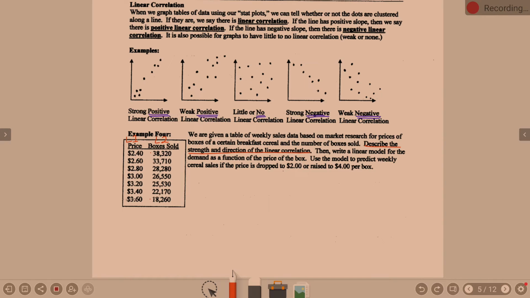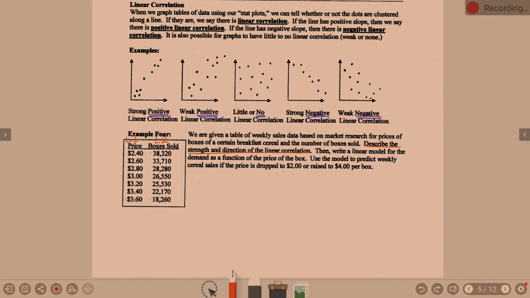our first question was, describe the strength and direction of the linear correlation. Is this positive, negative, or no correlation? Negative. There's definitely correlation, right? And if you look carefully, it is a negative. Strong? I'd say strong because they're pretty straight.